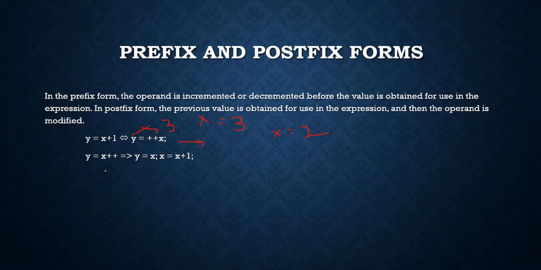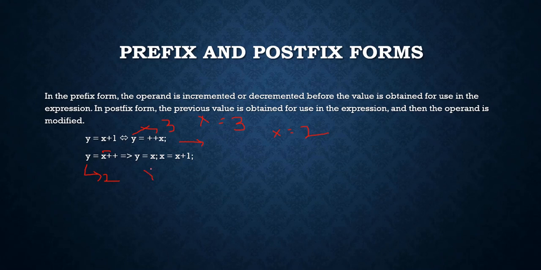But in the case of the postfix operation, the previous value is obtained for use in the expression and the operand is then modified. For example, we assume that x is equal to 2. Now the value of y becomes 2, because the previous value of x, which is 2, is obtained for use in the expression. After that, the increment operation is performed.